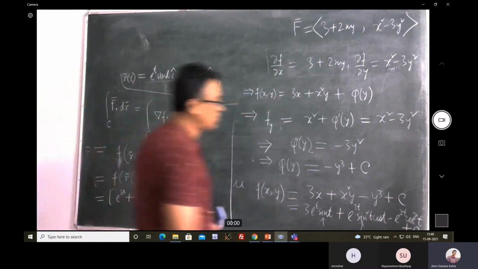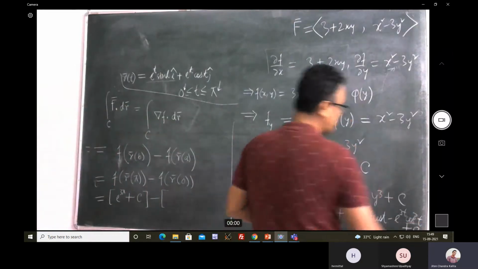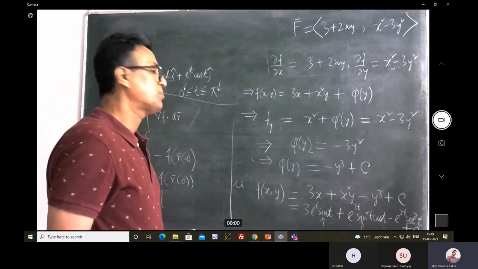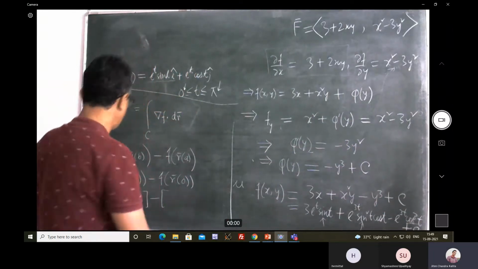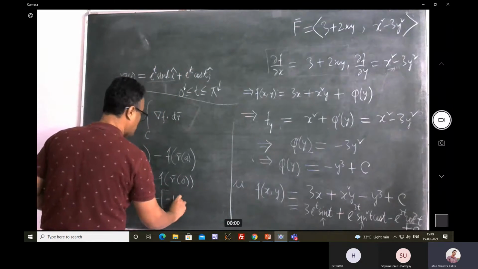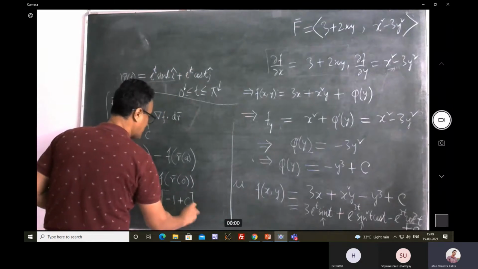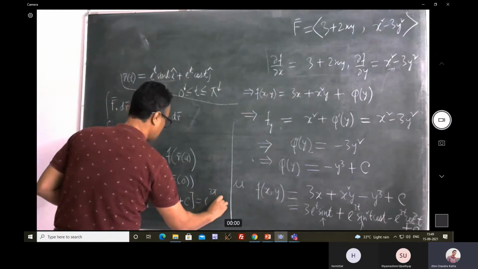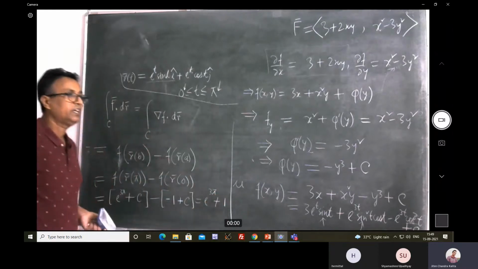And at 0, this is simply 1, and e to the power 0 is also 1. So it is going to give me this value as what? -1 plus 3. So finally, the answer is e to the power 3 pi plus 1. Is it okay?